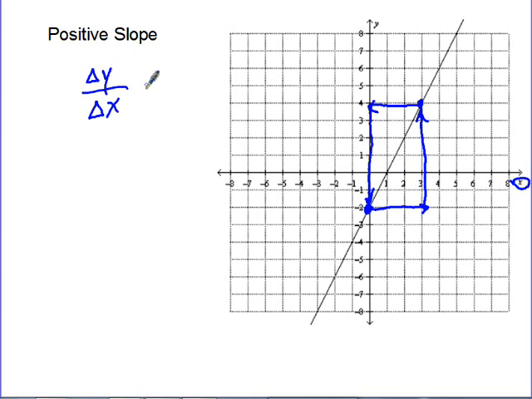And what happens when you put two negative numbers in a fraction? We have a negative number, in this case, negative 6 over negative 3. And a negative divided by a negative is actually a positive. So even if they're both negative, it's still a positive slope.